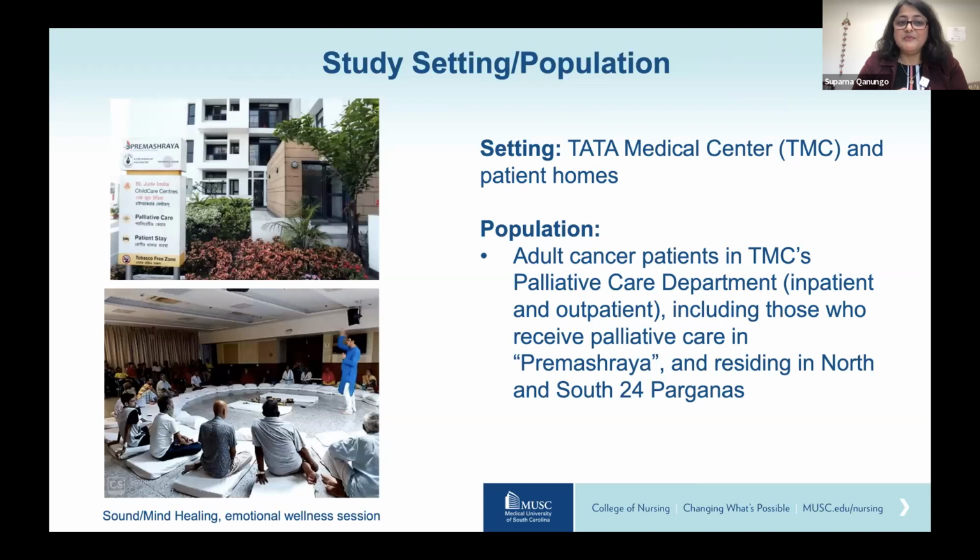As I mentioned before, our study setting is the Tata Medical Center, and our population was adult cancer patients in the palliative care department who were residing in the 24 Parganas, a region in West Bengal, India, outside of Kolkata, and also some in and around Kolkata as well.